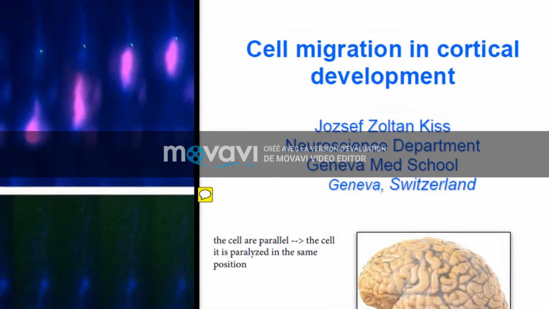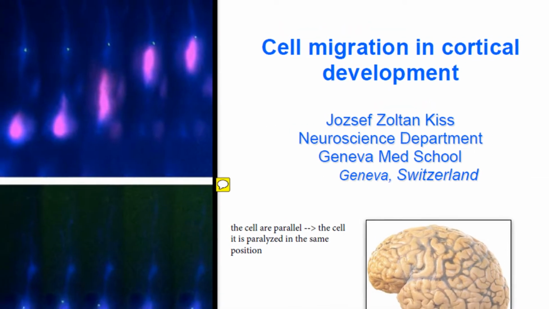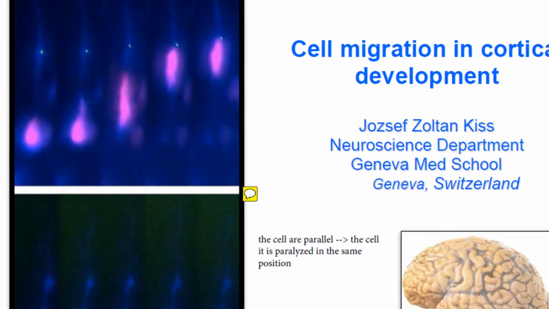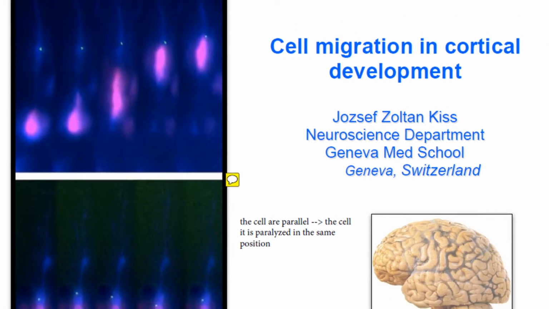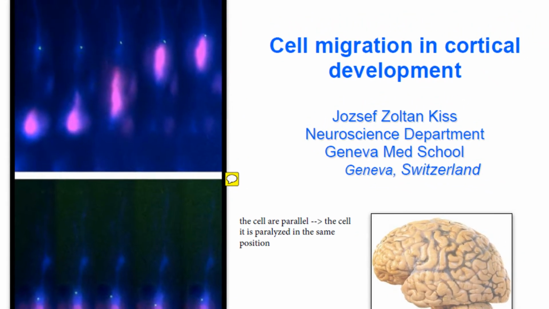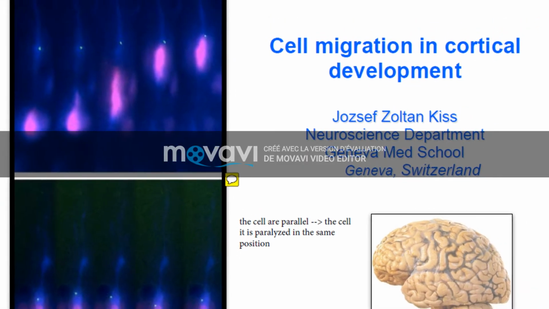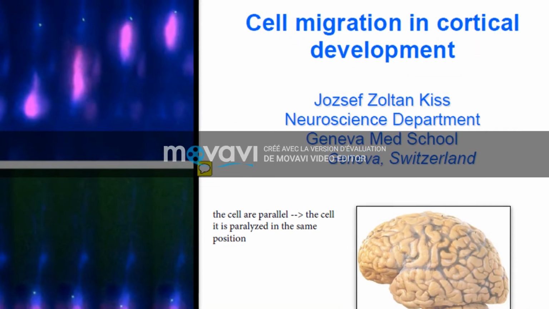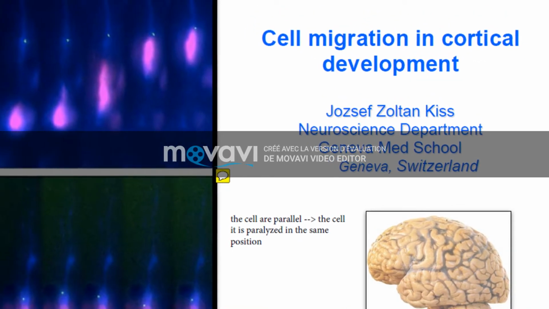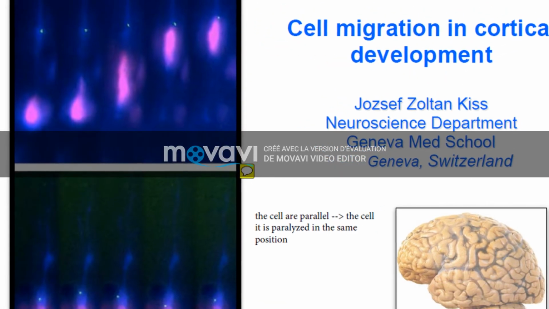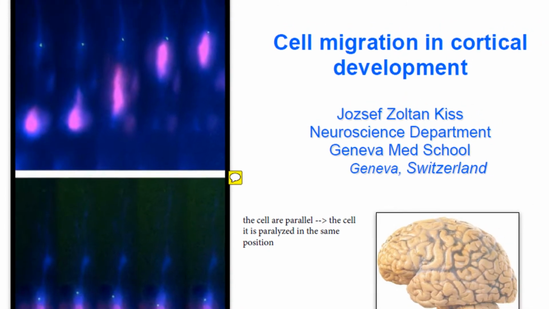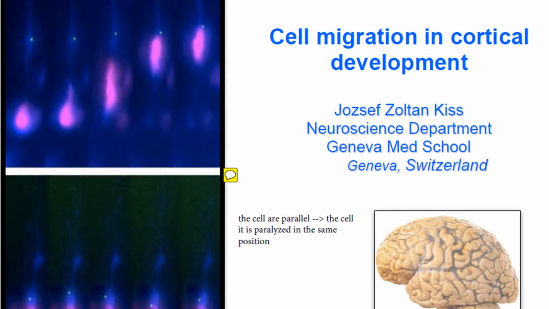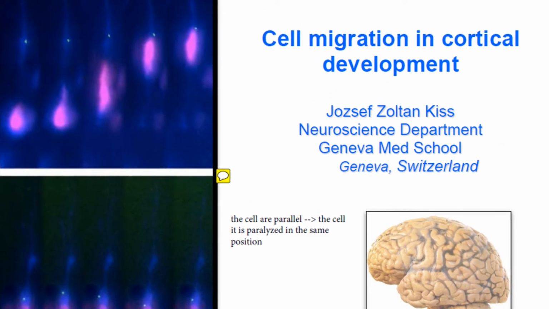Look at what they figured out. Remember I showed you nasal neurons in the retina, they project always long into the posterior. Temporal always project short. They figured out that in face of this repulsion, ephrin signaling, the temporal neurons have a very high sensitivity, much higher than the nasal.